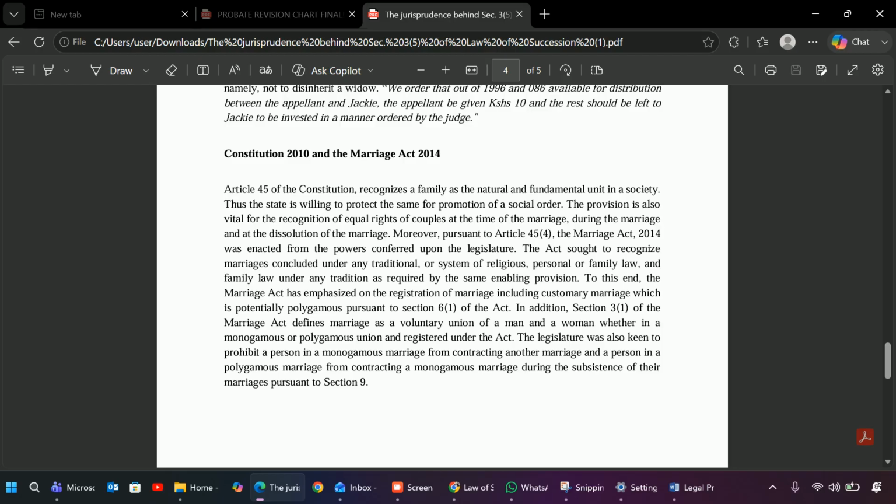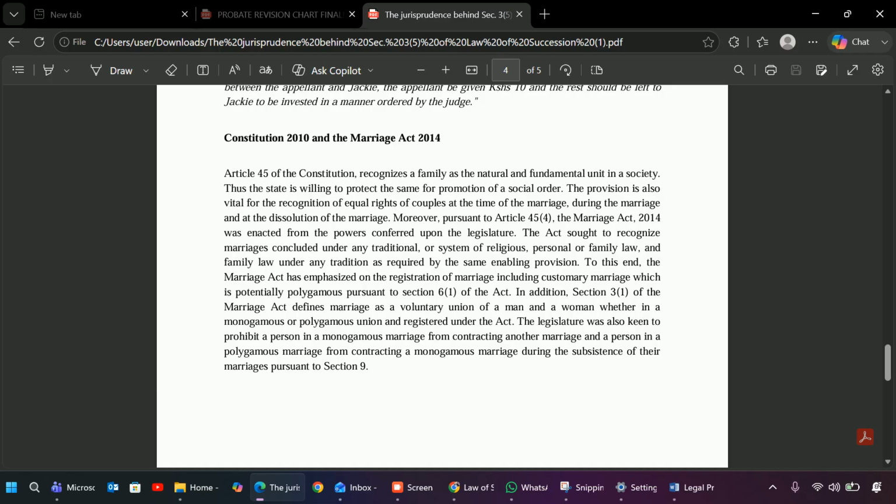The Act sought to recognize marriages concluded under any traditional or systems of belief, personal or family law, and family law under any tradition as required by the same enabling provision. To this end, the Marriage Act has emphasized registration of marriage, including customary marriage, which is potentially polygamous, pursuant to Section 6(1) of the Act. In addition, Section 3(1) of the Marriage Act defines marriage as a voluntary union of a man and woman, whether in a monogamous or polygamous union.